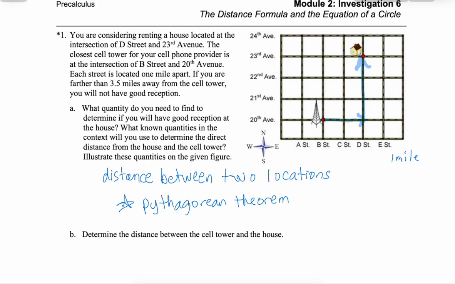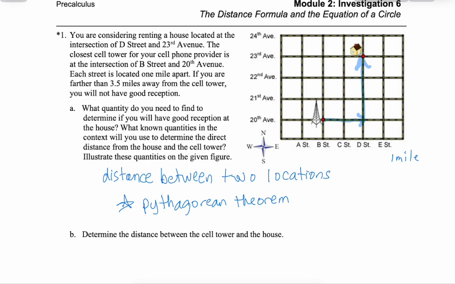SOHCAHTOA, we'll get to that in our next semester, but that would be more helpful if we had to consider somehow angle measures. And since in this case we're only determining side lengths, we don't have to go to that just yet.